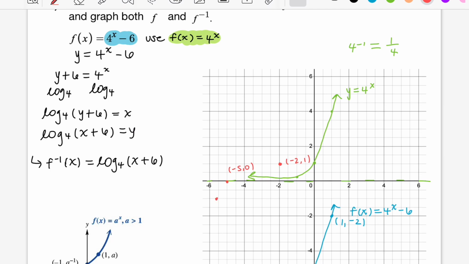All right, so this tells us our graph will pass through these points here and look like this. Okay. So that's how we can graph our log functions if we are given our exponential function.